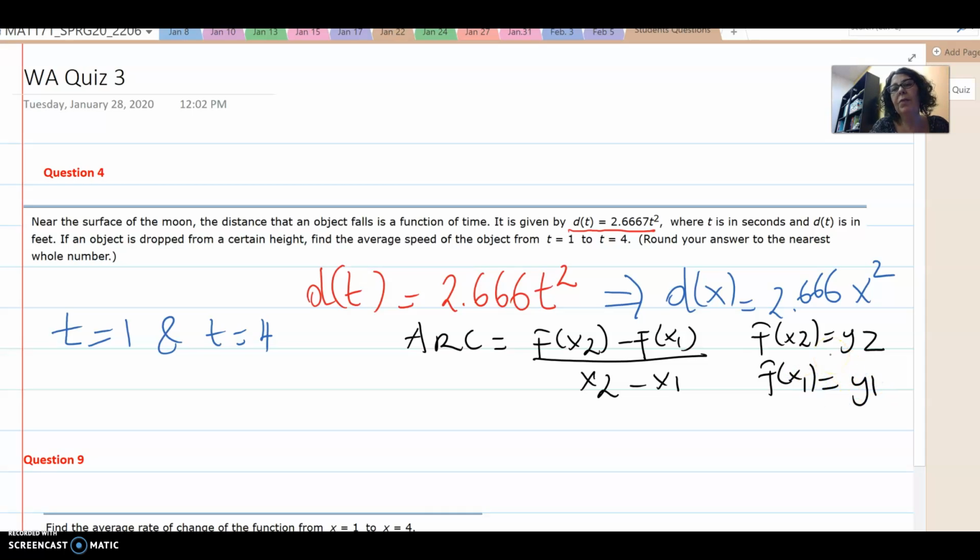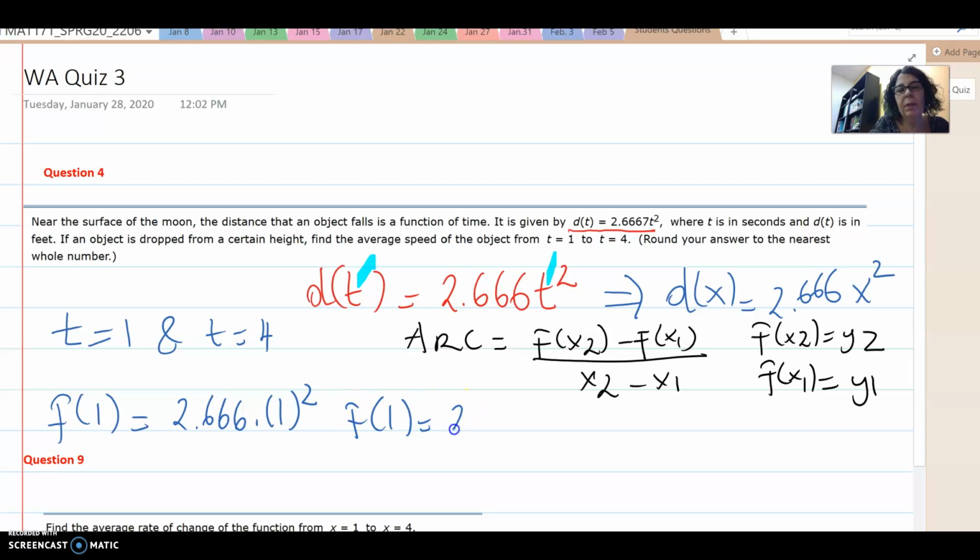So think about the t's here like x, right? I think that might throw you off. So let's do that. f of 1 will be equal to 2.666 times 1 squared, so you will end up with 2.666.